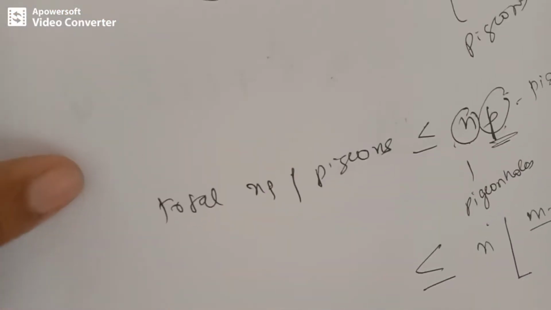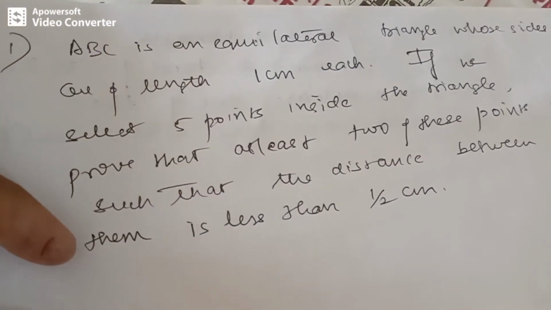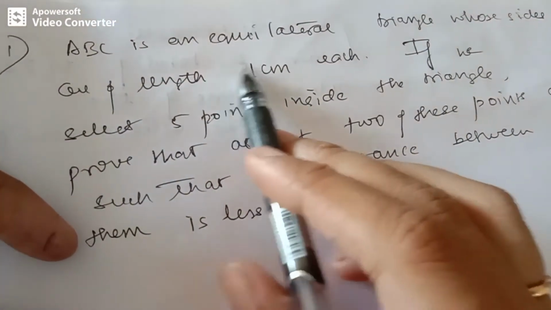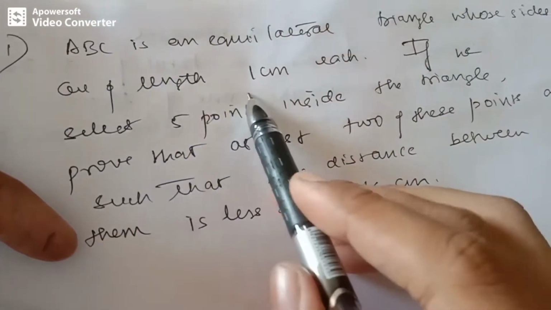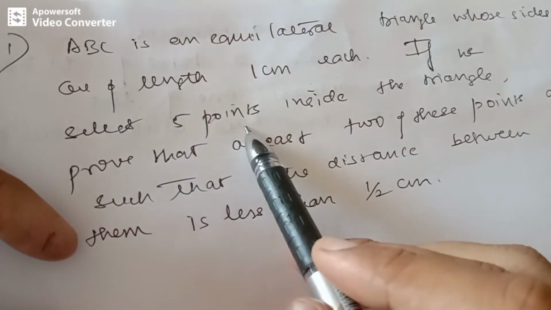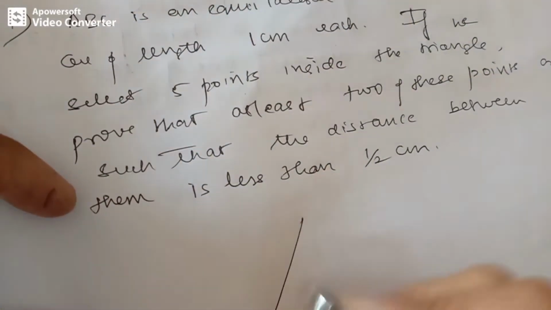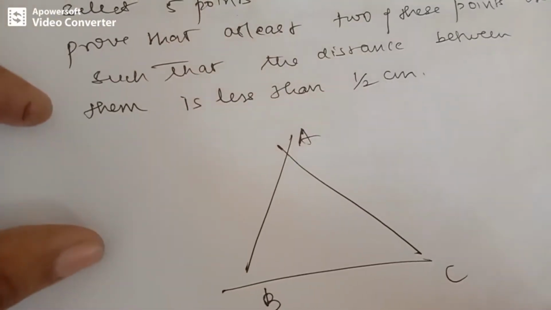So let's see a particular problem associated with this approach. The question says ABC is an equilateral triangle whose sides are of length 1 centimeter each. If we select 5 points inside the triangle, let us draw the triangle ABC first. So this is our triangle.